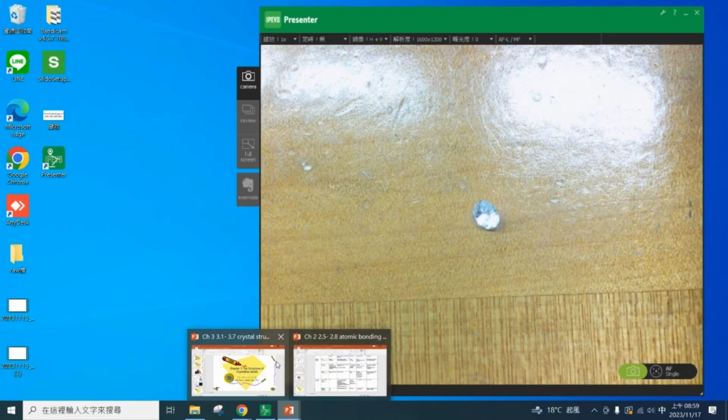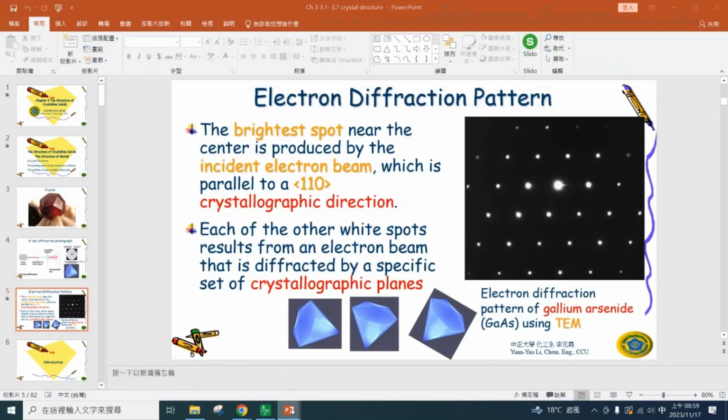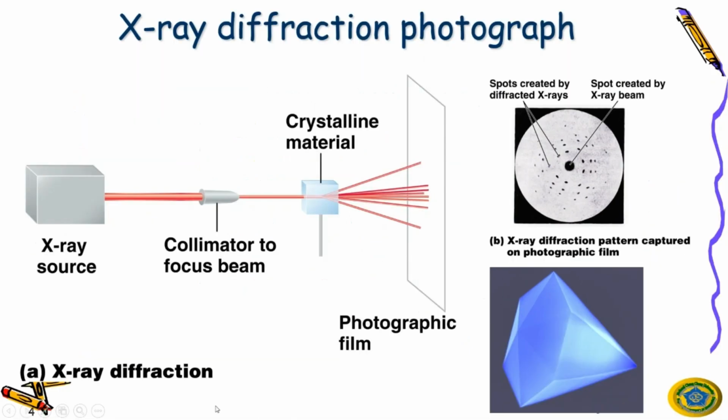Okay, so one of the methods to identify whether the material I am holding in my hand is a crystal or a non-crystal plastic is the XRD technique. We call it X-ray diffraction.